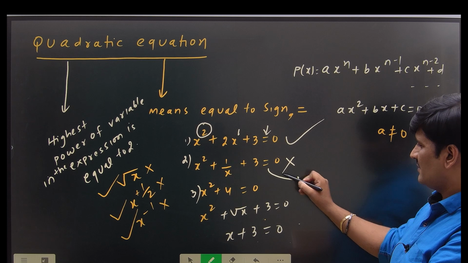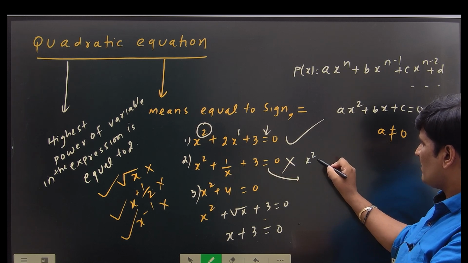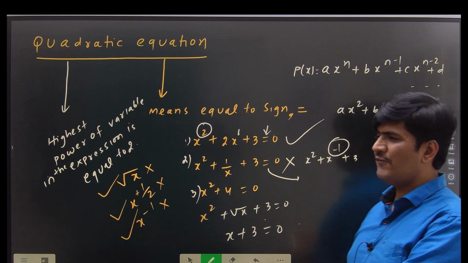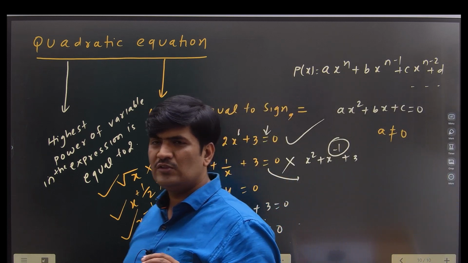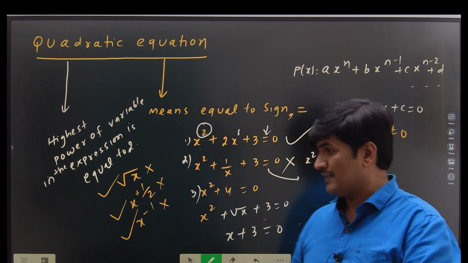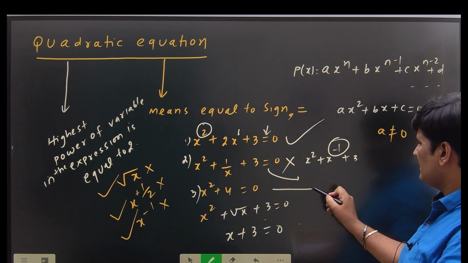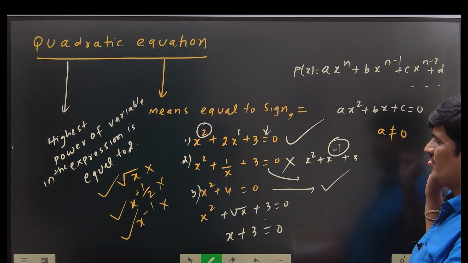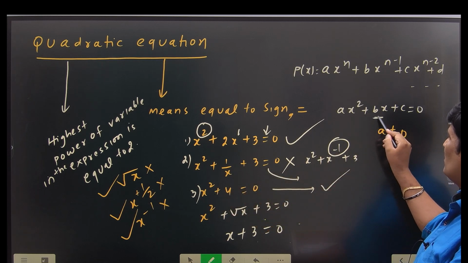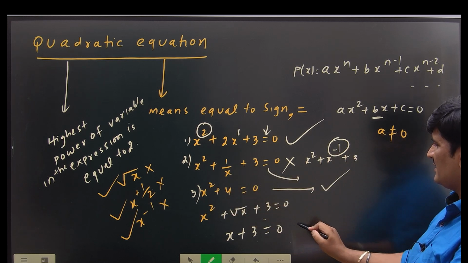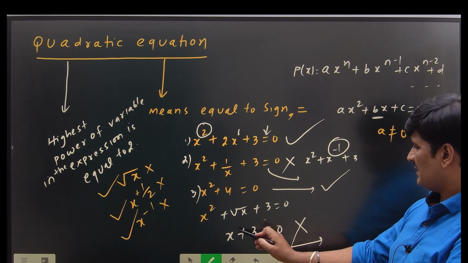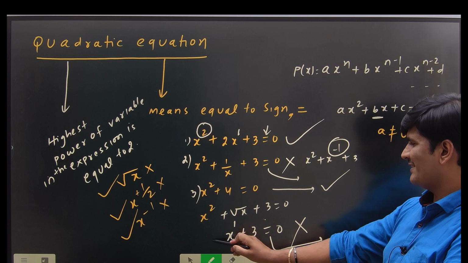Equation, that is correct, but x square plus x to the power minus 1 plus 3, so the power of x can't be a negative number. Next is this. This is a quadratic equation. Why? Since x square, b may be 0, but a can't be 0. This is not a quadratic equation. This is an equation since equal to sign, but the power of variable is equal to 1. So this is a linear equation.